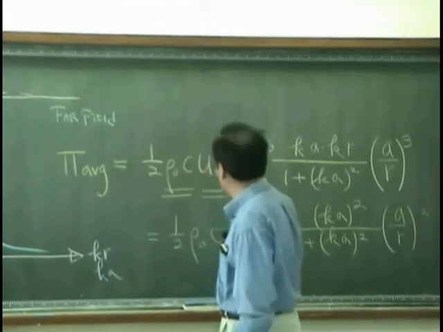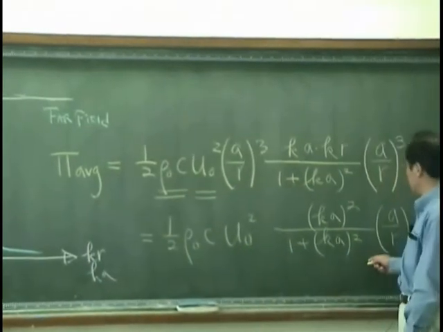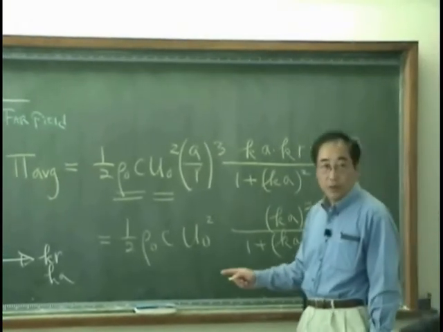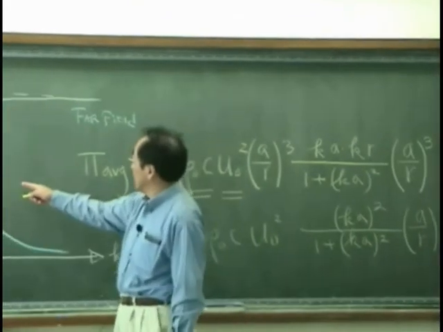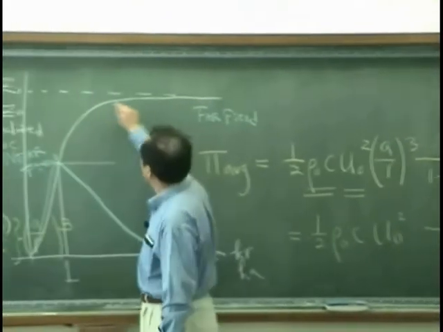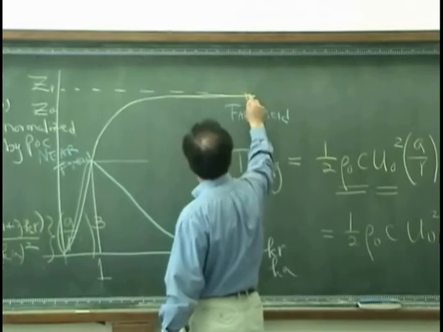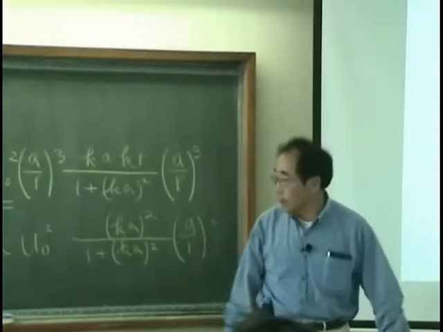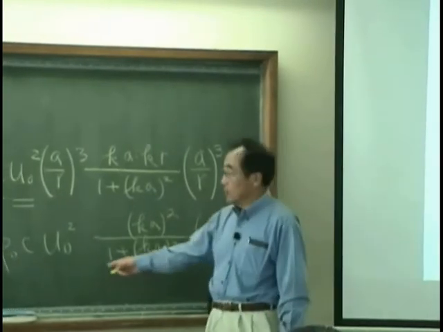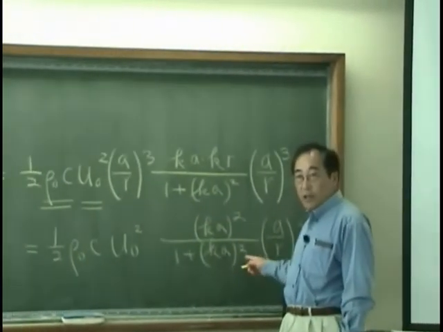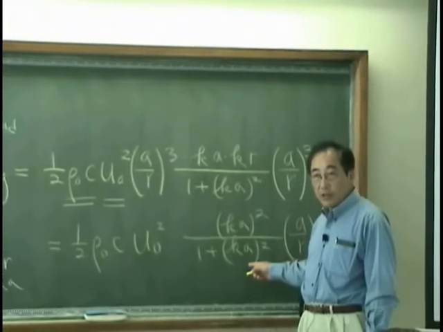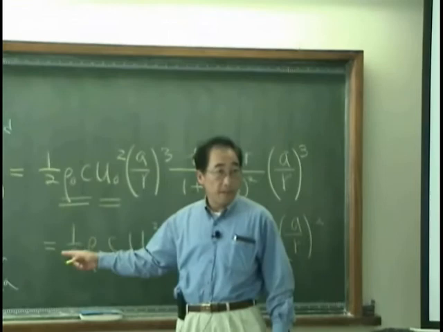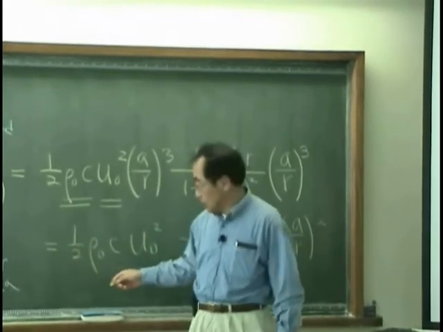So how does it look? This one looks like, when KA goes to infinity, it radiates as if it is in the far field, and in the near field, the radiation is not as efficient as we can see in the far field, right? Okay, this is what we get.